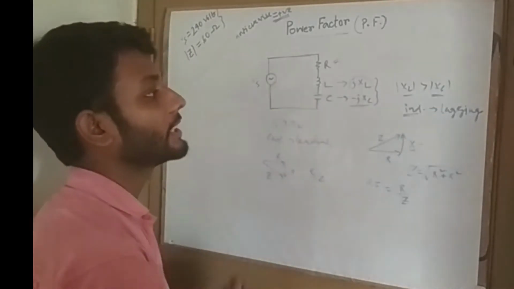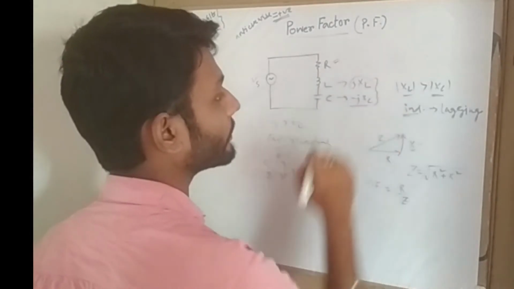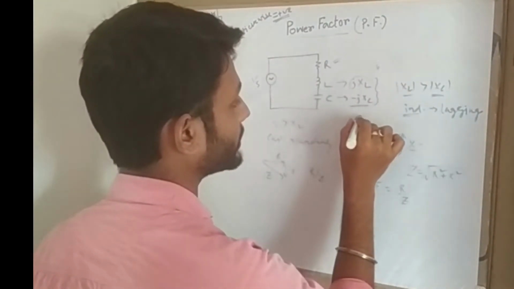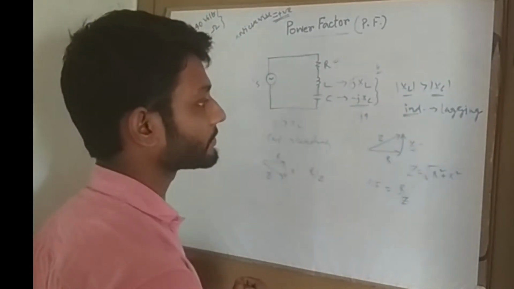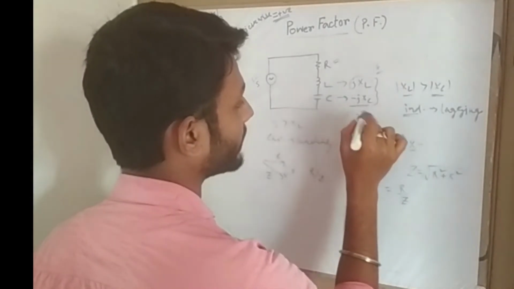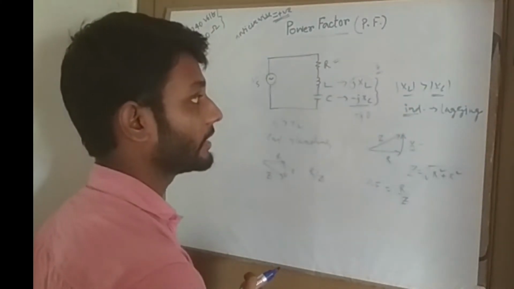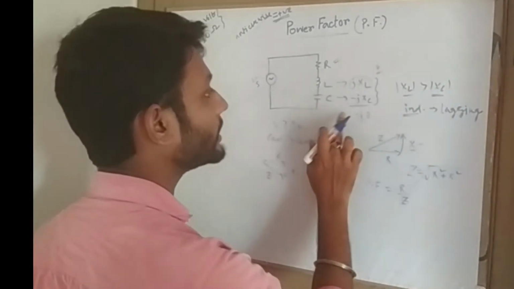In case of an RLC circuit, we will find out whether it is inductive or capacitive in nature. Suppose this is j6, this one is minus j4, so it will be inductive in nature. And if this XC value is minus j8 and this is j6, then XC is greater than XL mod value, so it will be capacitive in nature.